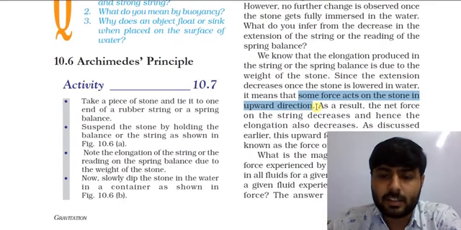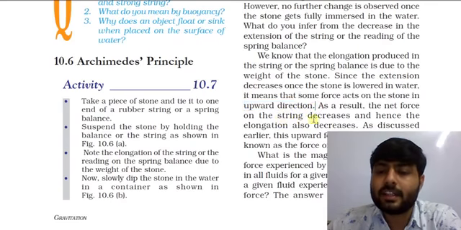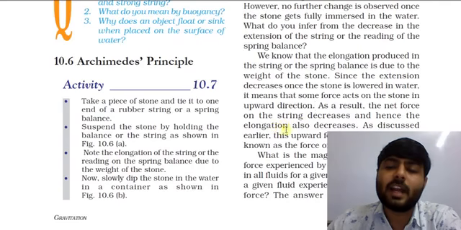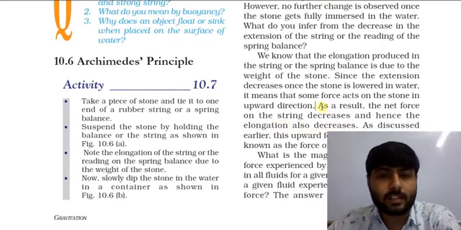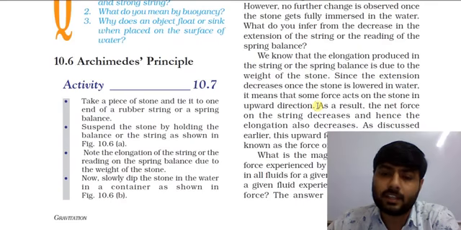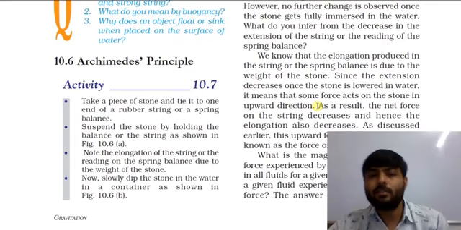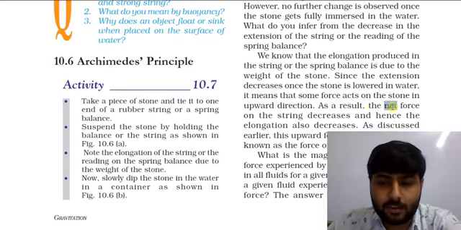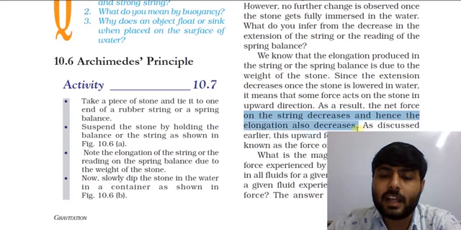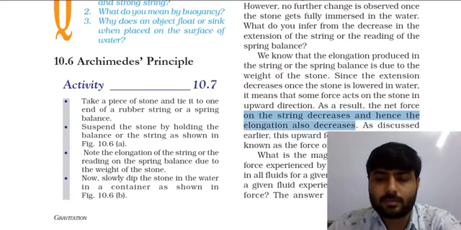As a result, the net force on the string decreases and hence the elongation also decreases. We can note this reason, and in a question we have to mention this reason for the decrement of string length.